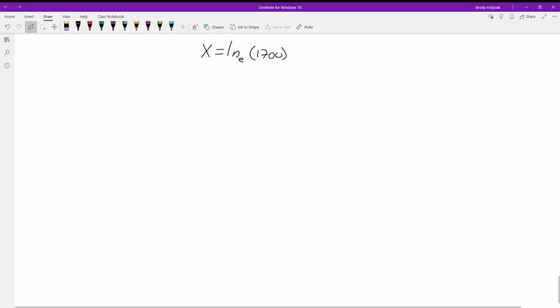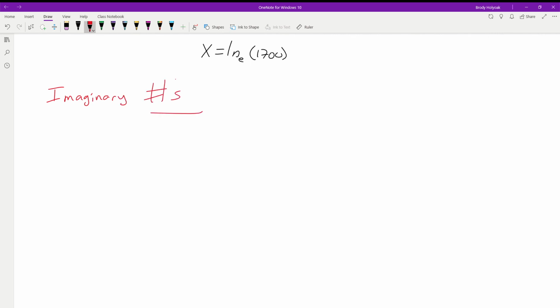The next part we have is complex numbers, or imaginary numbers. How many people have heard of imaginary numbers and logs before? How many have used them?